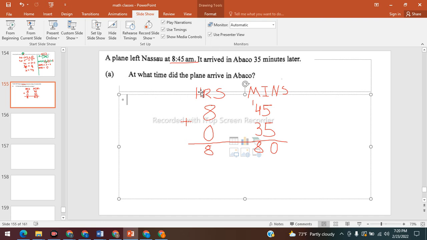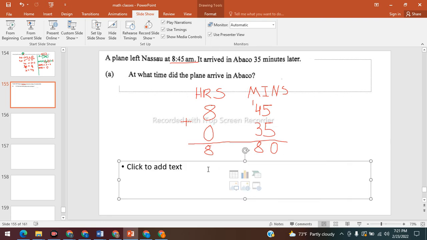So we know that, is it 9:20? Anybody get 9:20? Say 9:20. We know that 8 hours and 80 minutes equals 9:20, but remember that episode, we could split 80 minutes into 60 minutes plus 20 minutes, right? Because 80 is 60 plus 20.